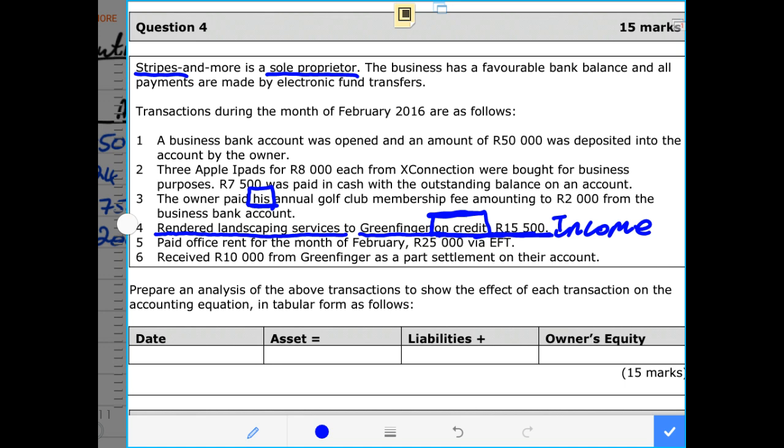Whenever the business renders a service and the customer does not pay for the service that was rendered to him or her, that will be a debtor, which is account receivables.